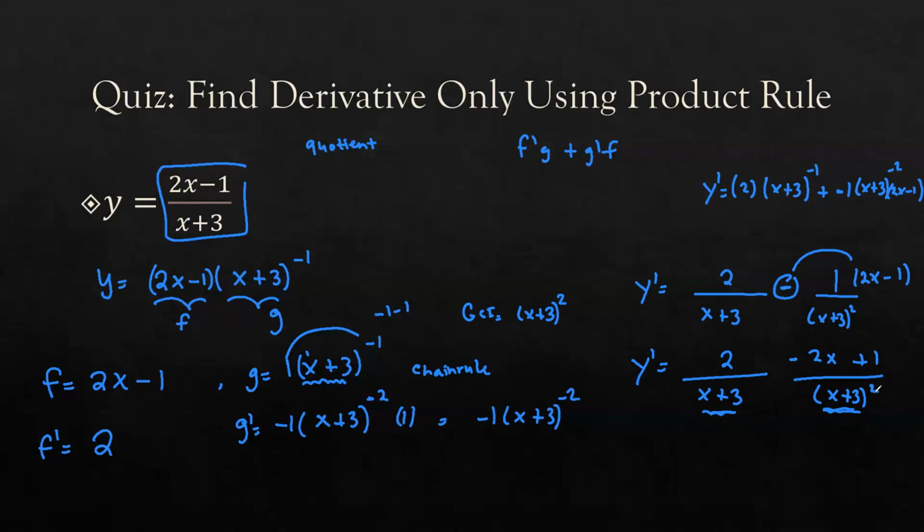So 2 is the highest power, so it's x plus 3 squared. Over here, you just need to multiply top and bottom by x plus 3. So that's 2x plus 6, and then if you collect like terms, 2x minus 2x cancels.